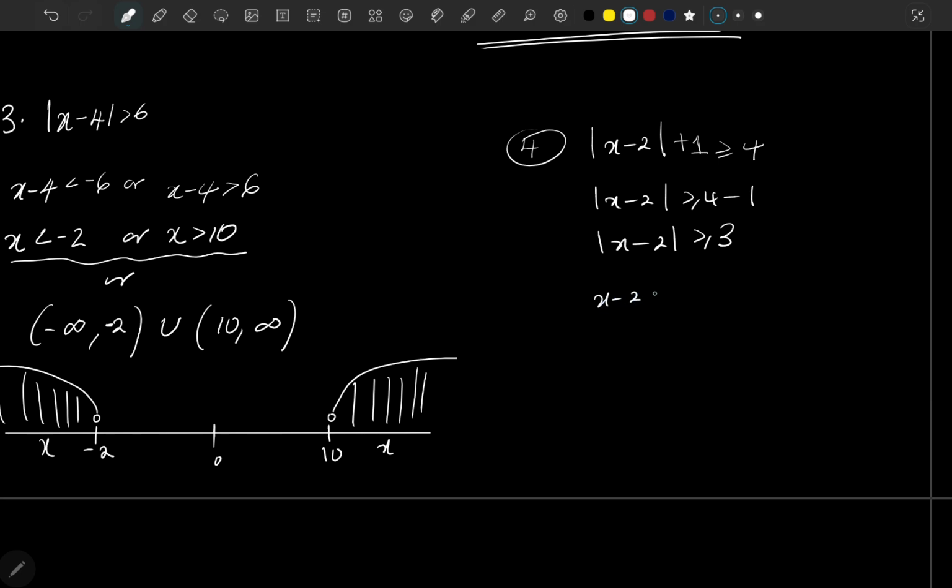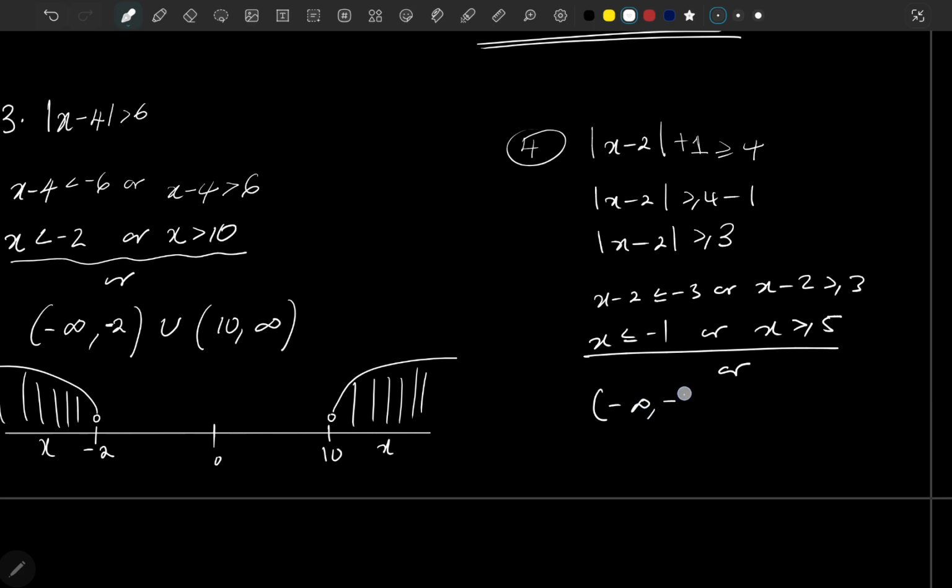We have x minus 2 less than or equal to negative 3, or x minus 2 greater than or equal to 3. Taking the 2 to the other side, we get x less than or equal to negative 1, or x greater than or equal to 5. So the answer is negative infinity to negative 1, included, union 5 to positive infinity.